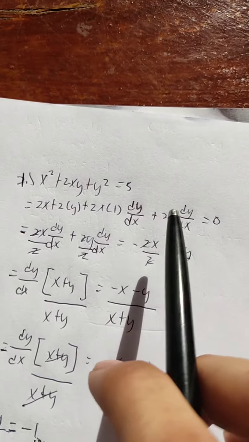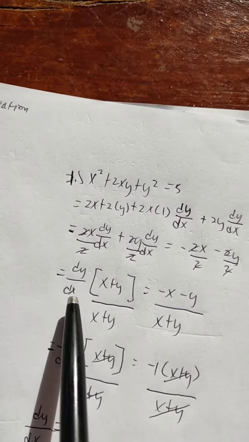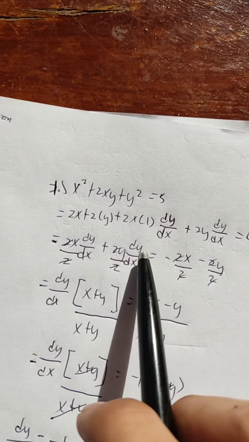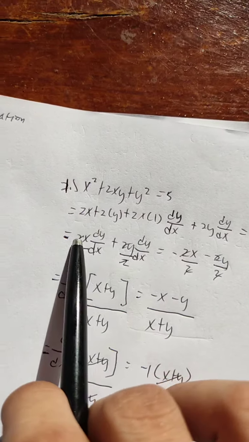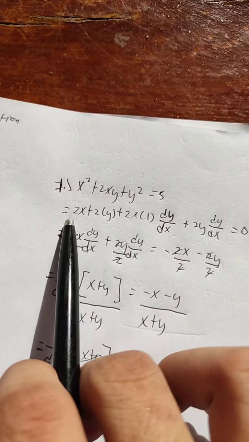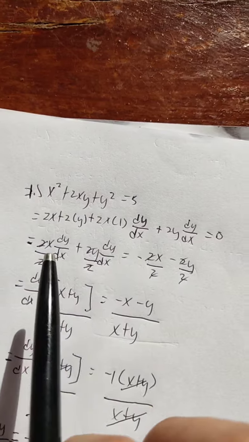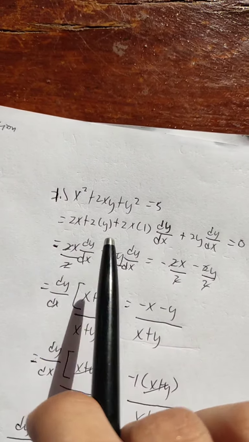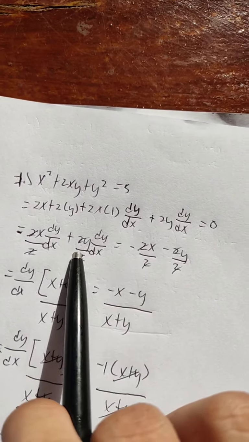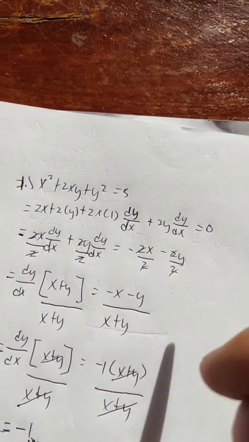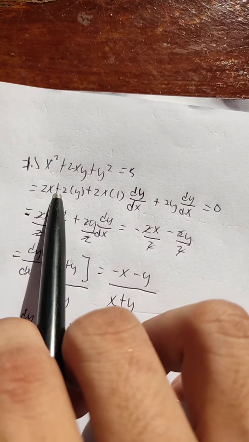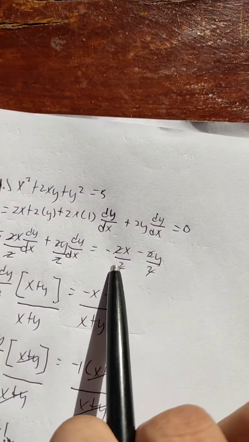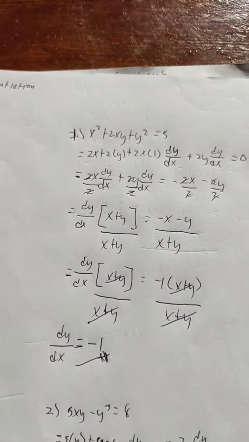would be 0. So proceeding, all the dy dx terms we need to put out front and transfer all the other terms to the other side. So that would be 2x dy over dx plus 2y dy over dx equals, our 2x here would become negative 2x, and our 2 times y here would become negative 2y.